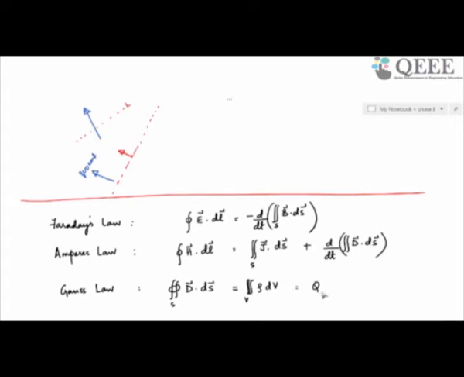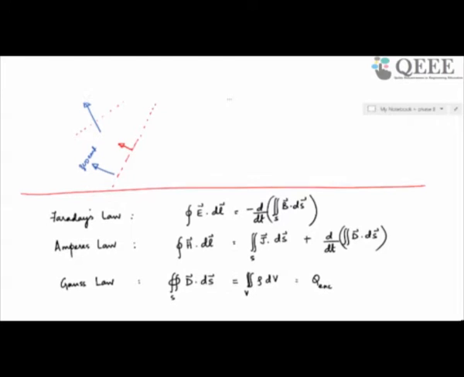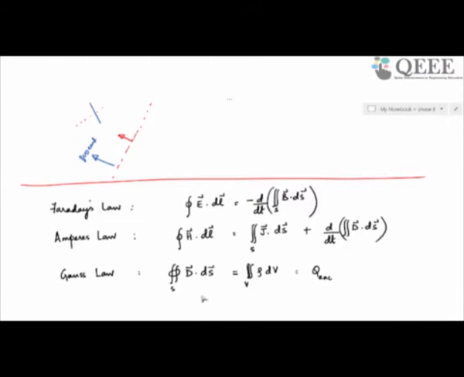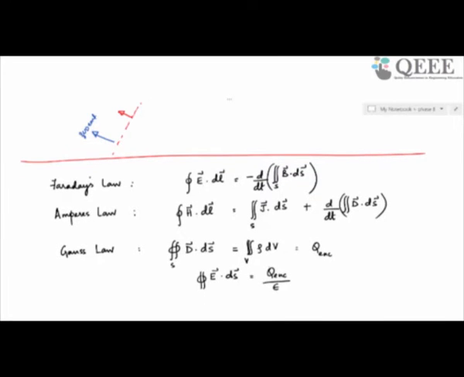We will also write it as Q enclosed. Another way of writing this is the closed surface integral of epsilon E ds is equal to the charge enclosed divided by epsilon. This epsilon becomes epsilon naught when you are in free space.